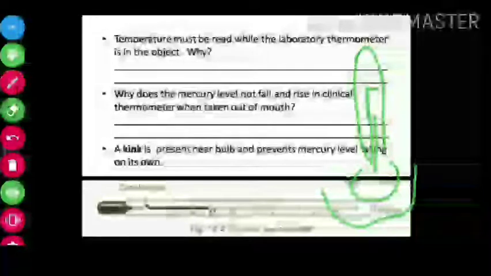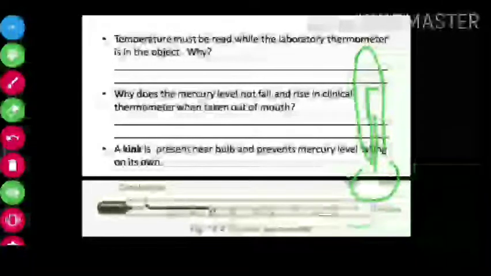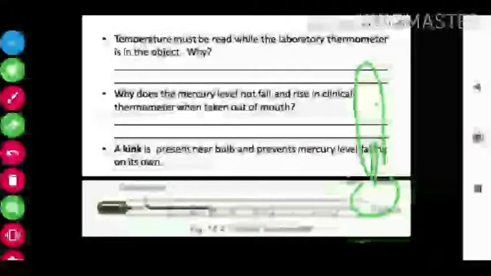But if you are taking it out from the object, suddenly the mercury level will fall down, and you cannot see the temperature, since the temperature reading will change.